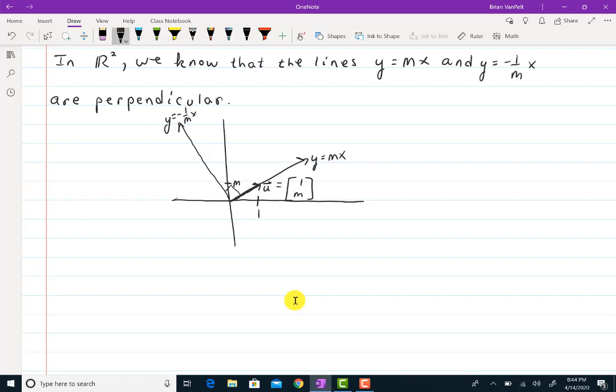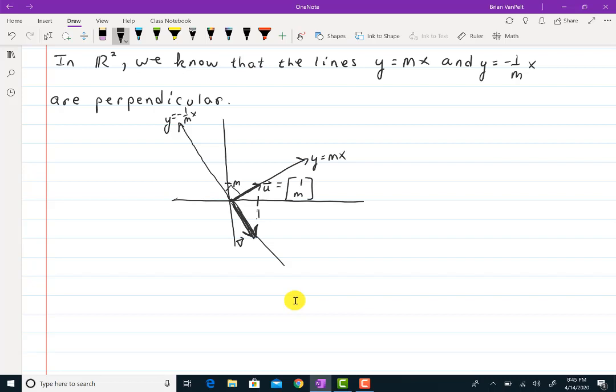On the other hand, if I do the same thing and let me extend this line this way, if I let this be the end of a vector going in this direction this time, make a big vector out of this, I'll call this v.